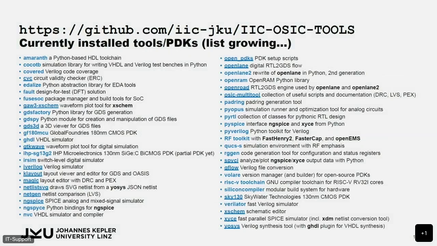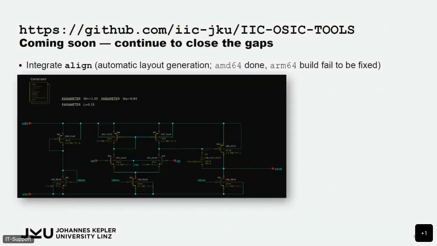The underlined ones are the ones that we ourselves use regularly. But whenever I see an interesting tool, I'll add it. For example, Qucs is already included, OpenEMS, Silicon Compiler. A lot of very interesting Python packages are ready to go and already part of the package.